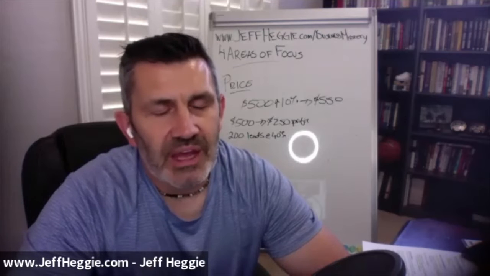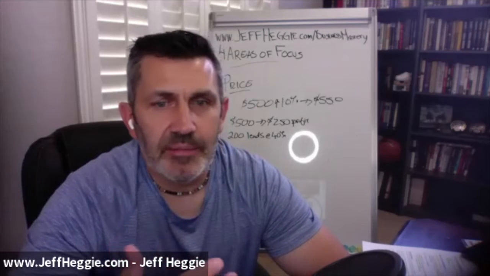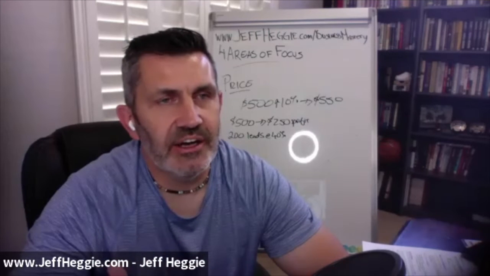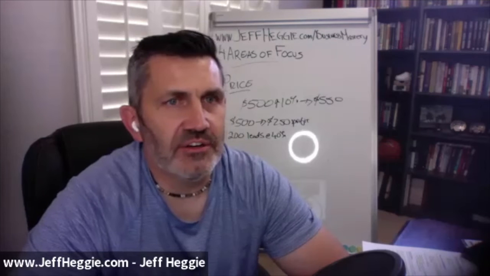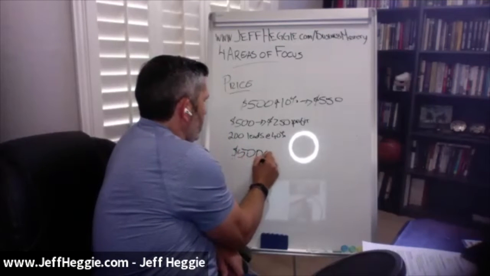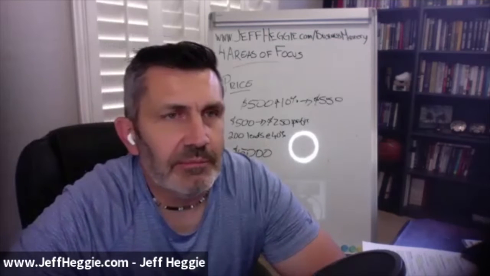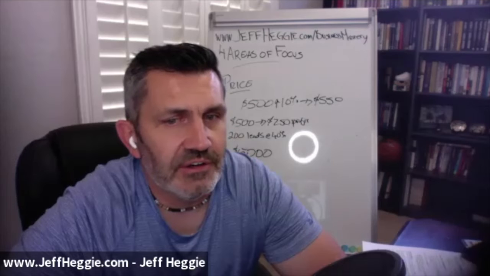All right. The other thing that we teach on that is, depending on the type of business you're in, how do we create a higher ticket item, a high ticket offer? And let's say we can create an offer that's a $5,000 item. We've got 200 leads. What if we had a 10% conversion rate on a $5,000 offer?